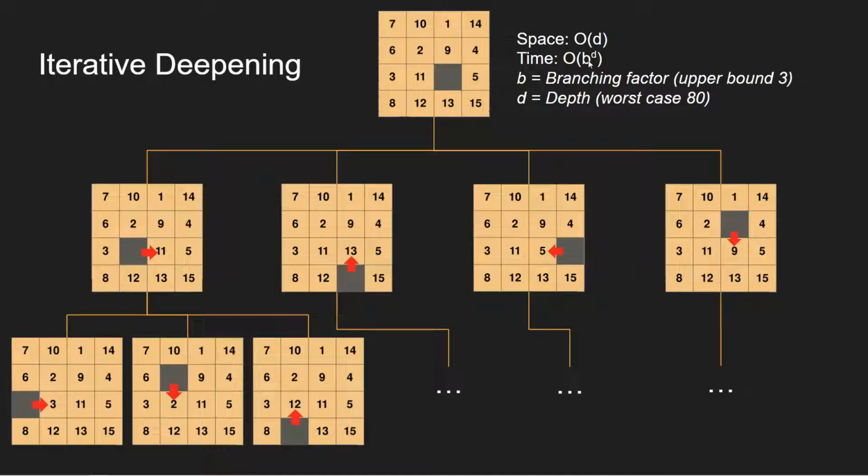Now, there's an algorithm called iterative deepening A star, which if you know A star, it uses a heuristic on breadth first search to pick a more preferable path at each layer.